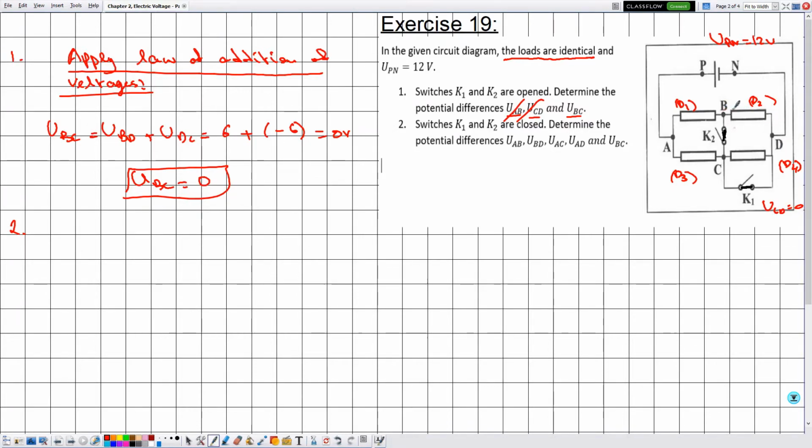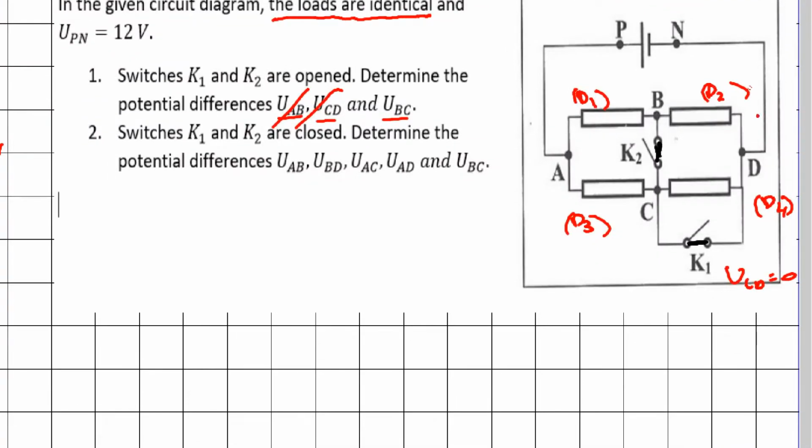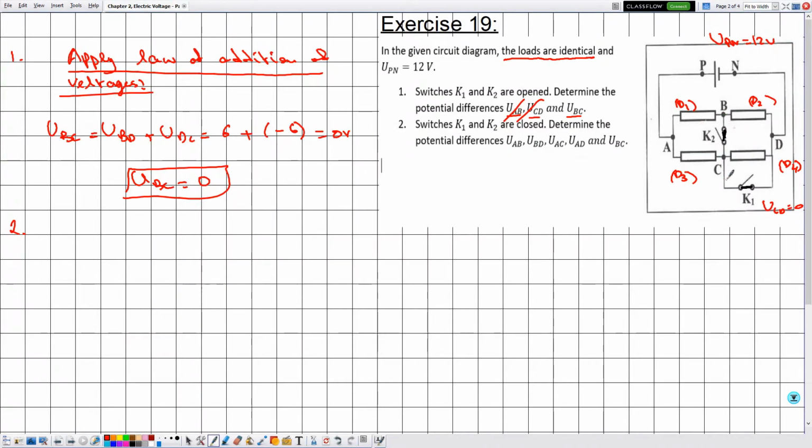Moreover, UBD will also be 0 because between the points B and C we have a connecting wire, so the potential at the point B is equal to the potential at the point C, and the point D is a common potential. So UBD is equal to UCD. So the voltage across D2, which is UBD, is also 0 because it is in parallel with the connecting wire. So first let's determine the voltage UAB.